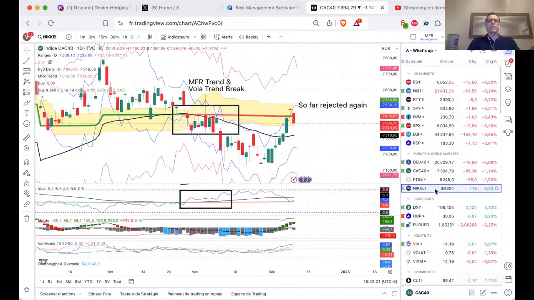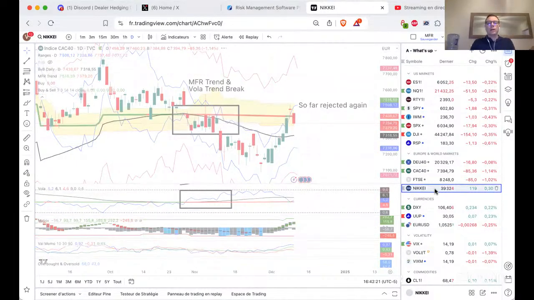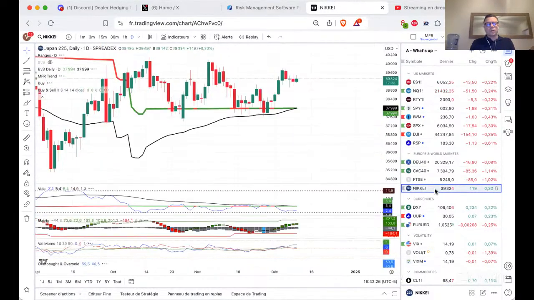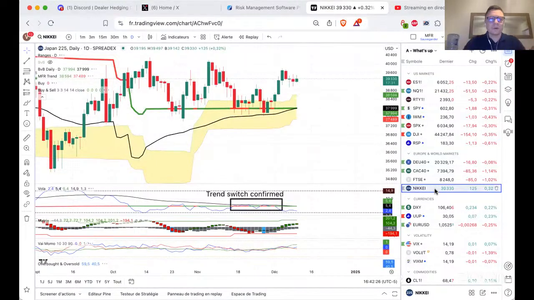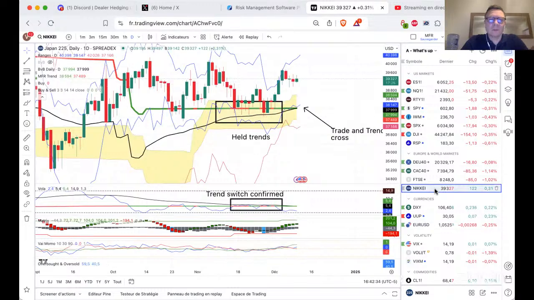Now let's go to Nikkei. So Nikkei, in my opinion, is an outlier. For the past, I would say almost 2 months, Nikkei was in a chop. I've told that for some time. And what happened in the past, let's say a week and a half, was a surprise to me.